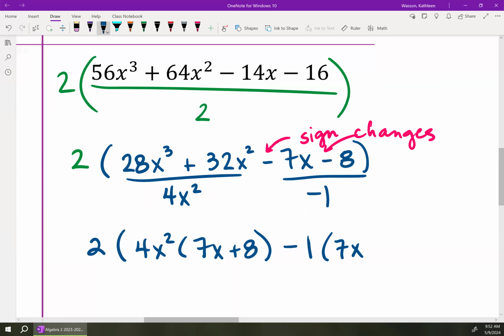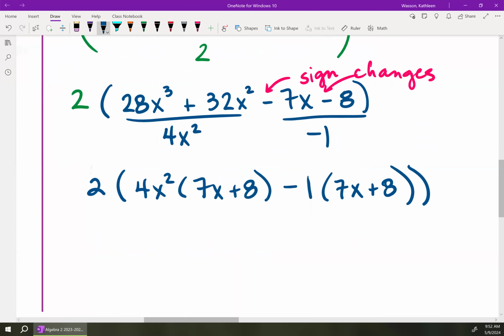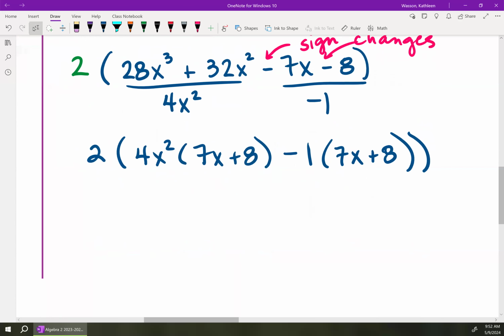So I'll write this as 7x plus 8. And I didn't use brackets this time, but I do have 2 sets of parentheses. I do have a common factor in the first group and the second group. So my factors will be 2 and 7x plus 8 and whatever remains when I take out 7x plus 8. And that will be 4x squared minus 1.